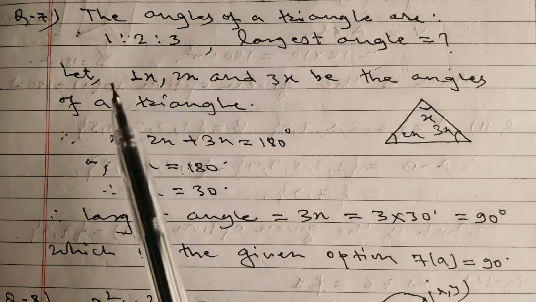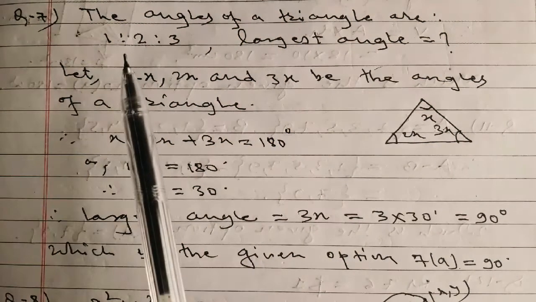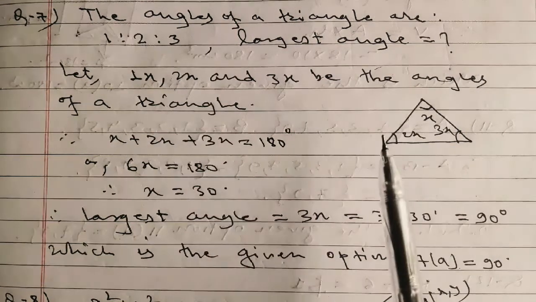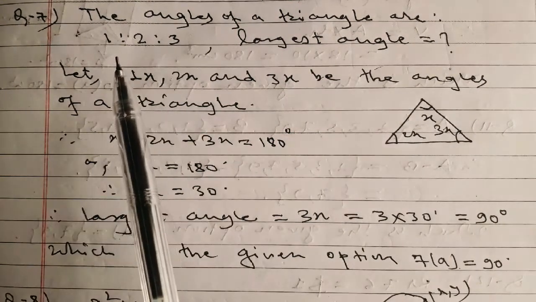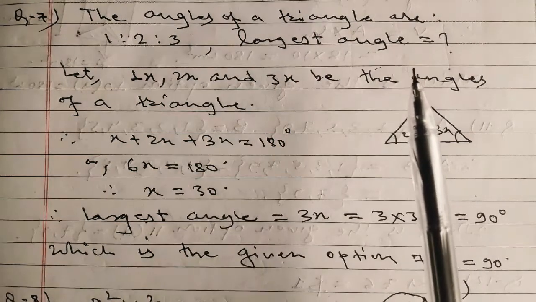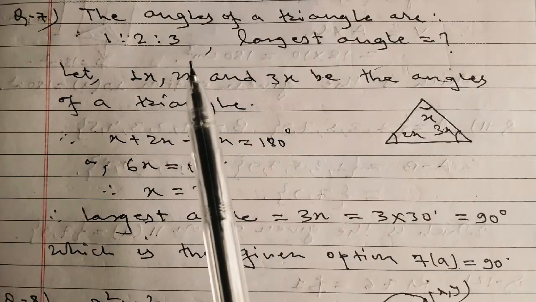Solution of question number 7. The angles of a triangle are given in the ratio of 1:2:3. The 3 angles of a triangle are given in the ratio of 1:2:3, and we have to find the largest angle. So let's suppose 1x, 2x and 3x.